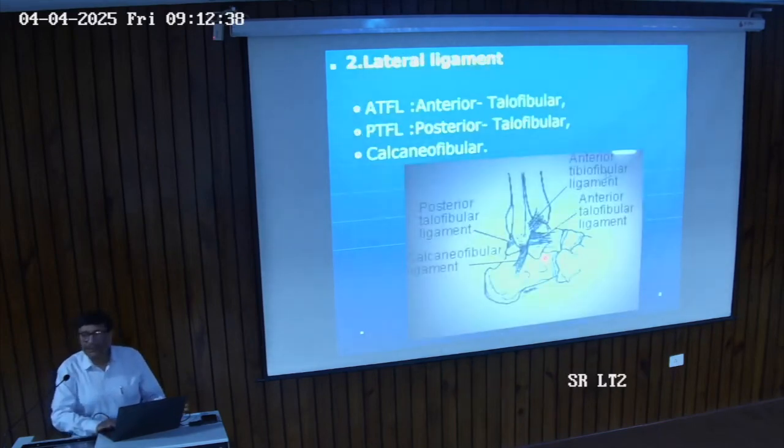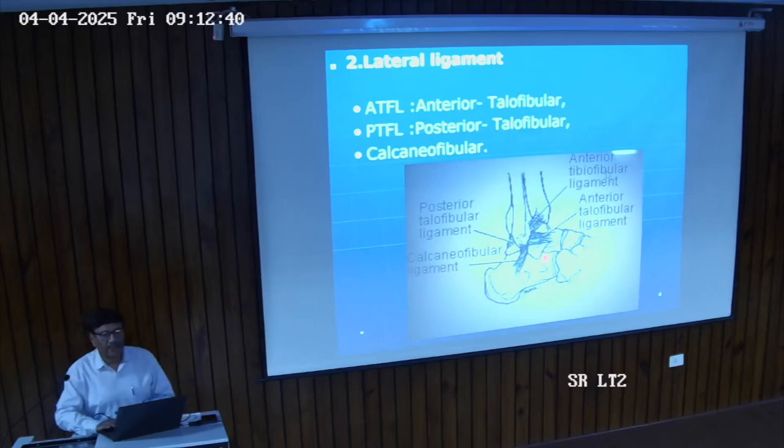Like the deltoid ligament is on the medial side, there is a lateral ligament on the lateral side, which has attachment at the lateral malleolus. Now this ligament also has three components.